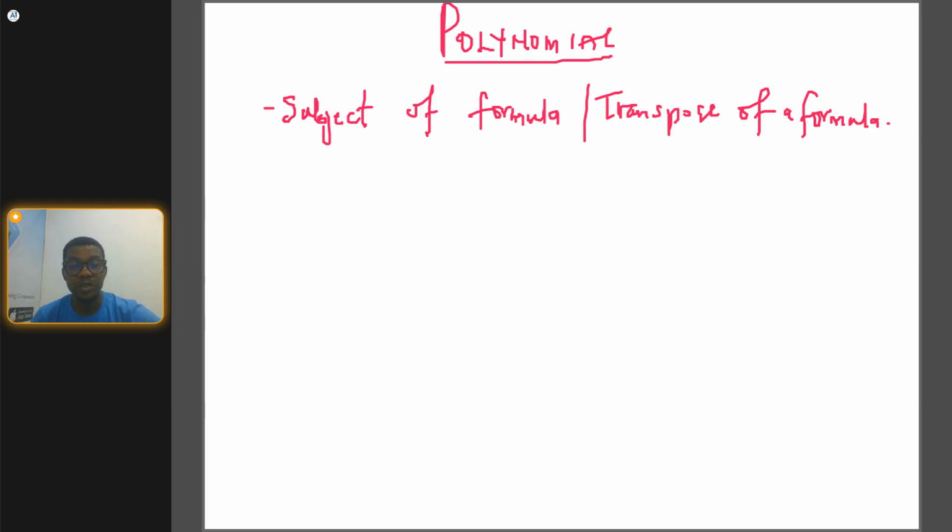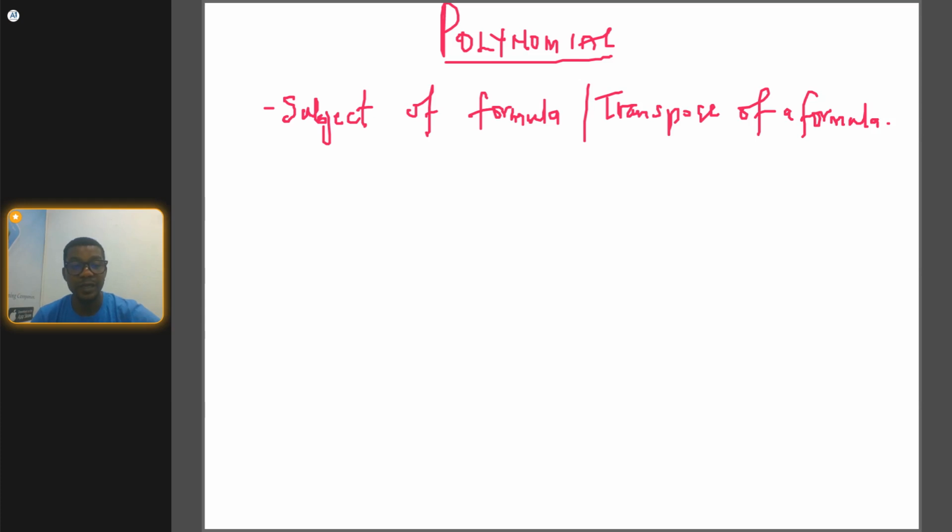To introduce our topic today, we are going to do some illustrations. When you hear the word subject, the literal meaning of subject in the English language has to do with the person performing an action in the sentence, right? That is the literal meaning in terms of English.